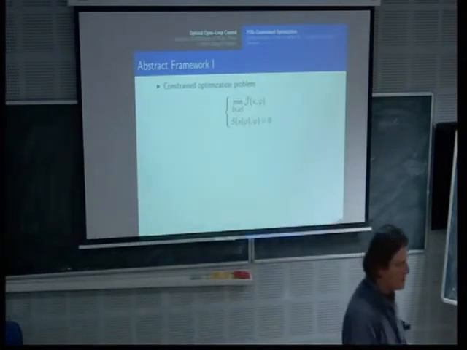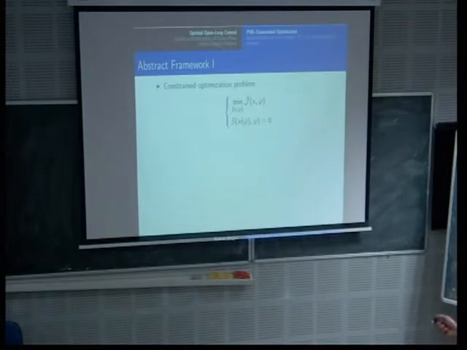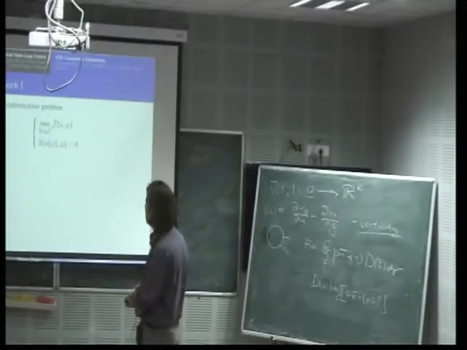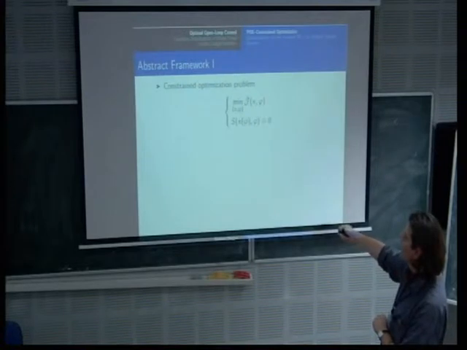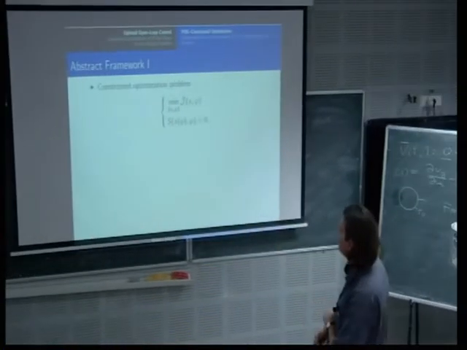At this point it is clear that what we have is an instance of the so-called constrained optimization problem, which in an abstract sense can be written as follows. We are seeking the minimum of the cost function with respect to the state and the control when the state and the control are constrained by some equation.